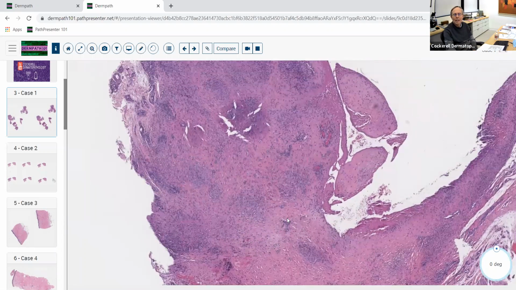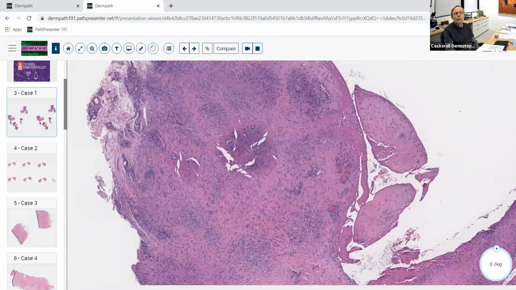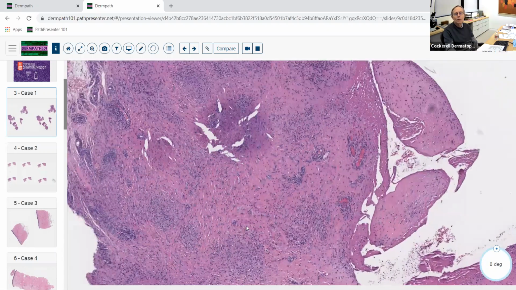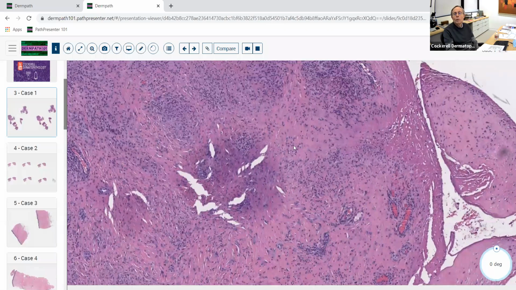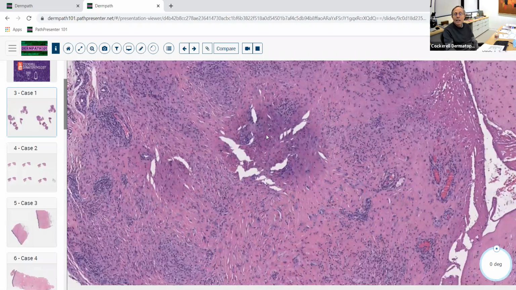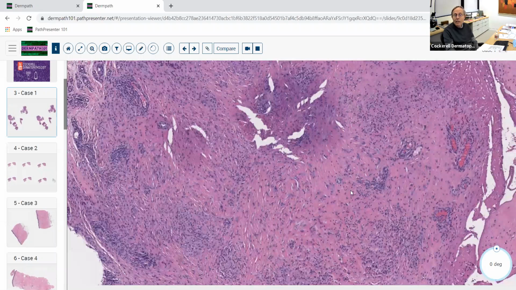We talked about palisaded granulomatous dermatitis a couple of weeks ago, and this is another one that falls into that same category. As we talked about, you look to see what's in the center of the palisade. If there's fibrin, things of that nature, that makes you think of the possibility of a rheumatoid nodule. And indeed, in this case, that's exactly what was present in the center of this palisade.